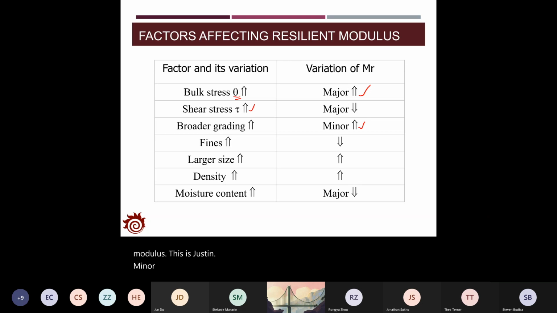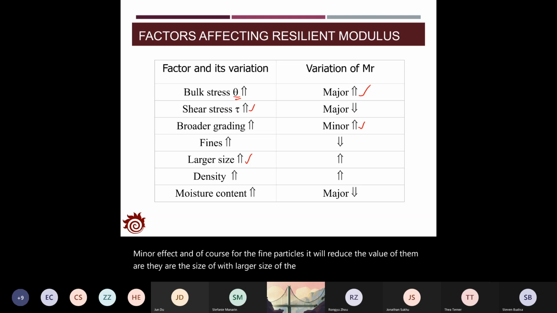For the fine particles, they will reduce the value of MR. With a larger size of particles, the resilient modulus value will be larger. If we increase the density of the aggregates, the MR value would also be larger.